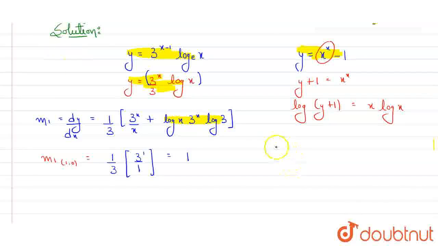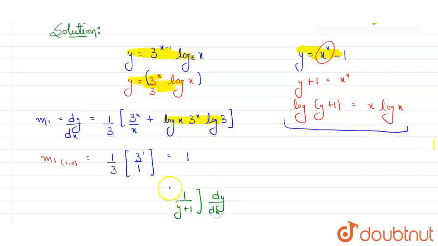Now let's find the slope for the other curve. If I differentiate it, I'll get log(y + 1) differentiated as 1/(y + 1) times dy/dx, by the chain rule.